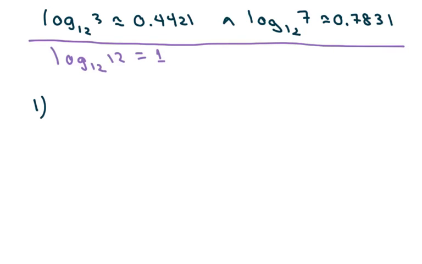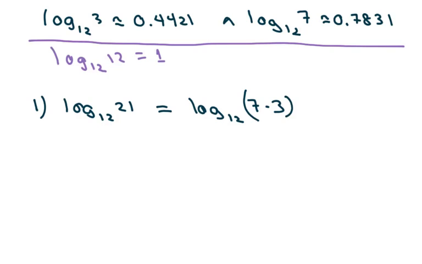So number 1, log base 12 of 21. This is in condensed form, and I know I have log base 12 of 3 and log base 12 of 7. So I'm going to rewrite this as log base 12 of 7 times 3, which would be like your m times n. Now I'm going to expand it and write it as log base 12 of 7 plus log base 12 of 3.